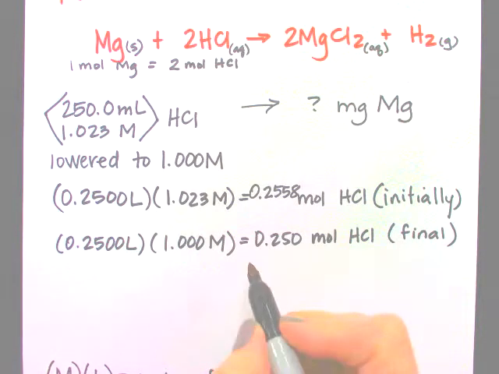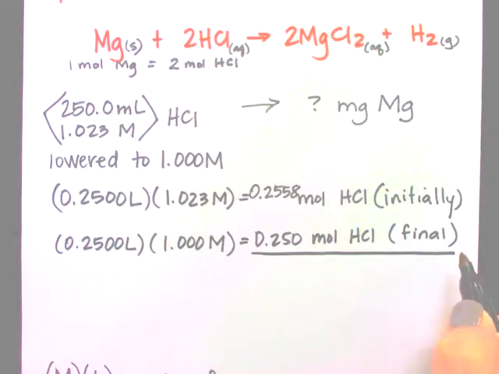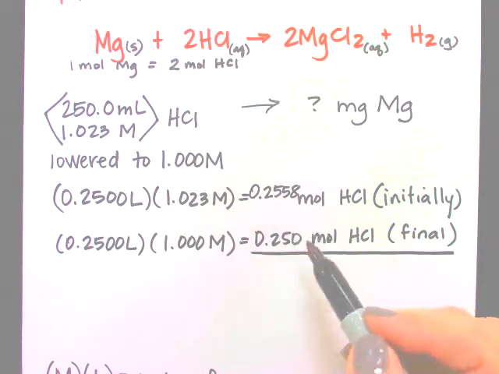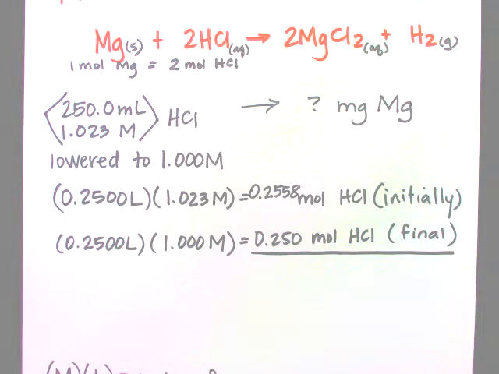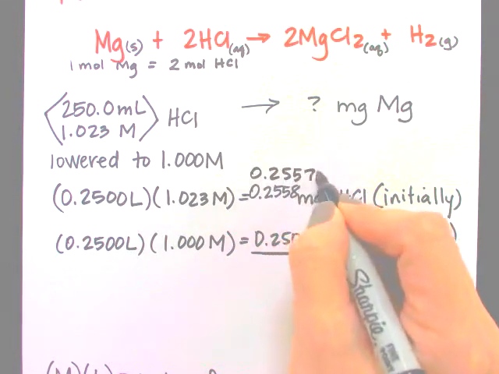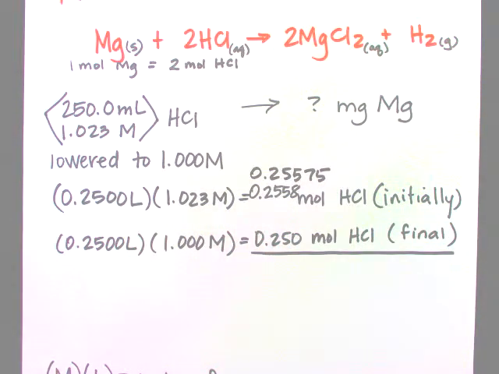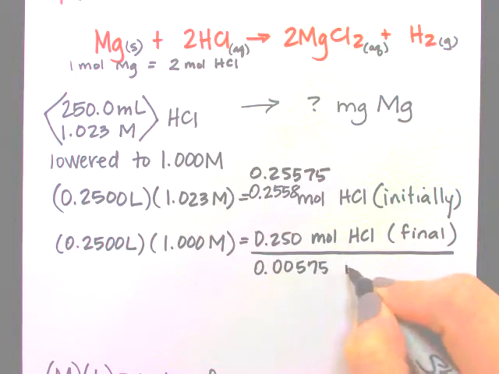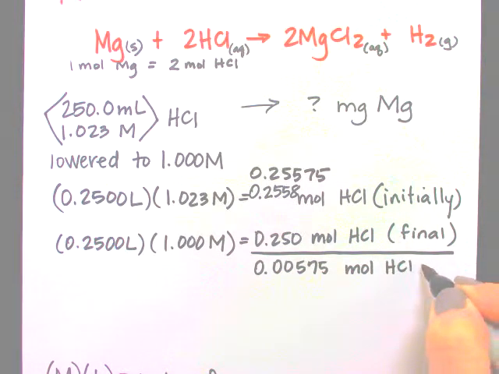So what this means is that when I react the magnesium, I need to use up or react, and so I'm going to find the difference here, and I'm actually going to use the original value, 0.25575. There's really no reason to round here until we get finished. So what I would like to do is react this much HCl.